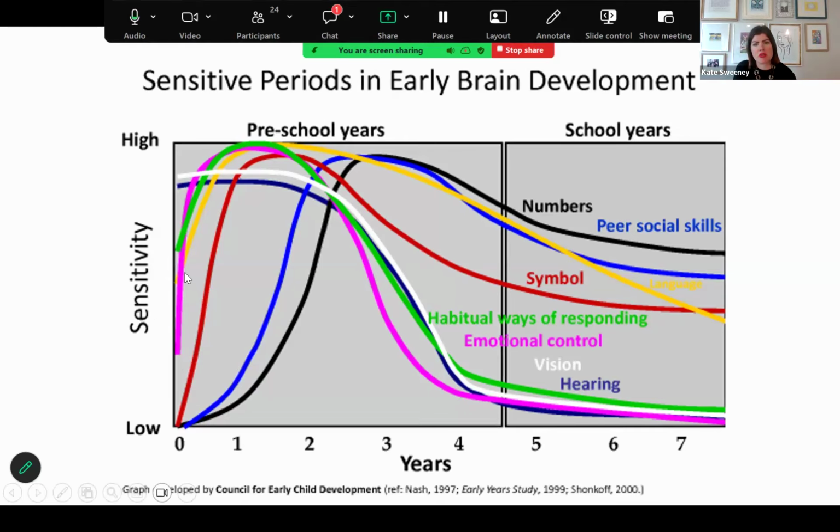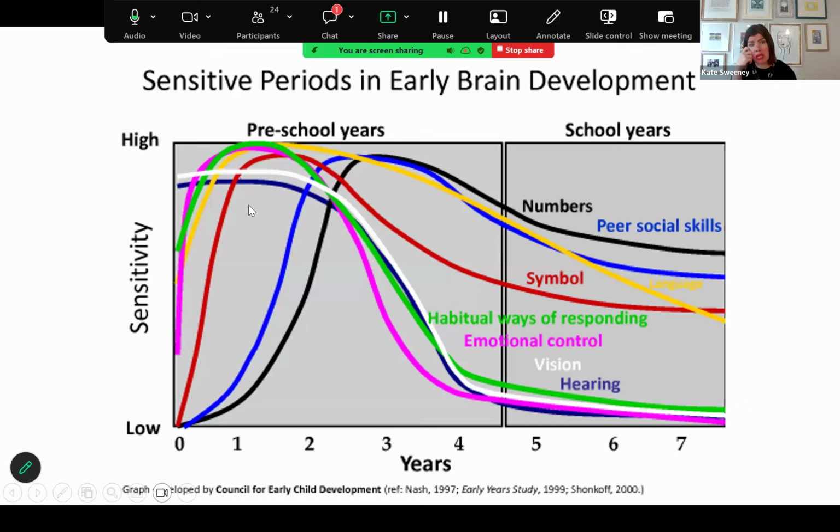You can see the general peak. So emotional control, if anybody's hung out with a 1 or 2-year-old, they're really working on that a lot. That's why they call it the terrible 2s or the tantruming 3s, right? And that's the natural skill, but so much of that is really dependent on your environment, the stimulation, the responsiveness that you get.